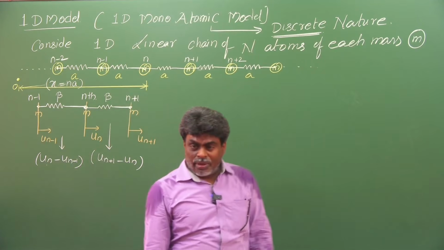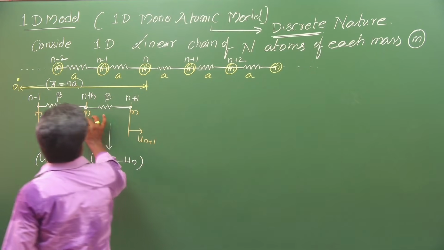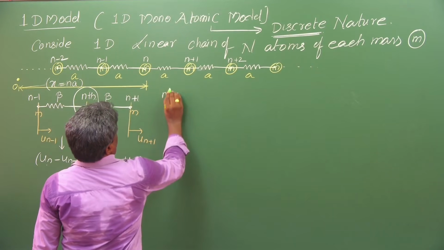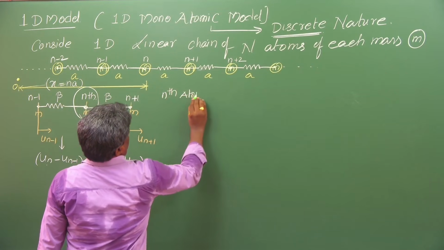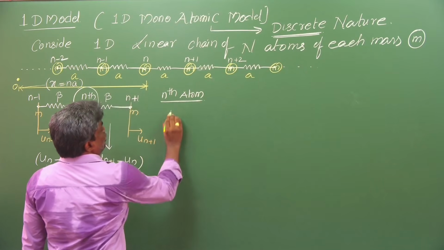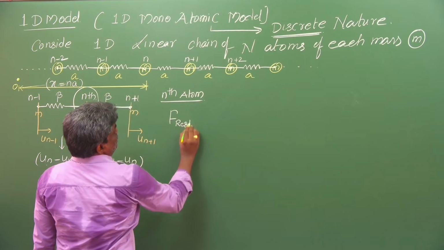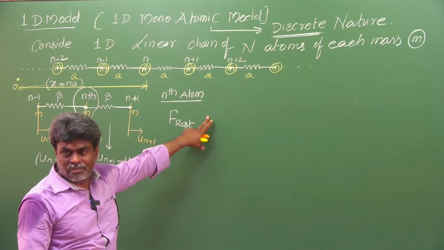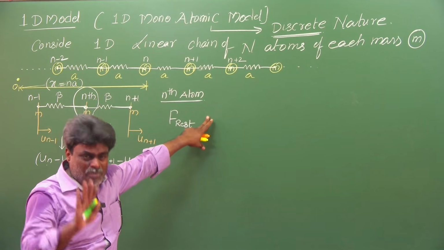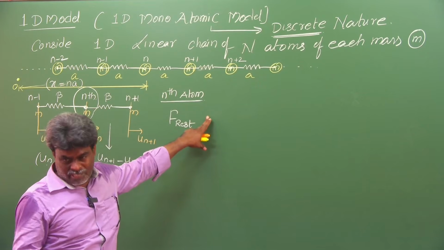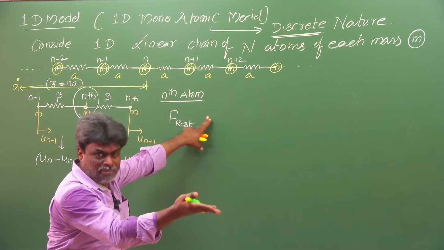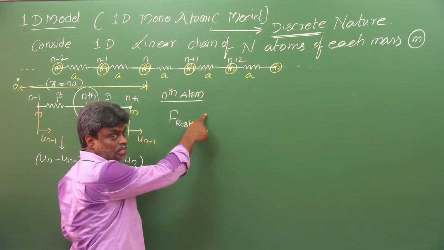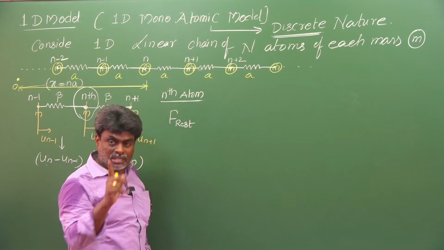Now we are going to find the net force acting on the nth atom. We are writing for the nth atom. We know one thing, restoring force. If I say restoring force, I need not take that minus sign, because restoring force means opposite to the displacement. If I consider displacement forward, my restoring force will be backward. That negative sign purely indicates a restoring force.